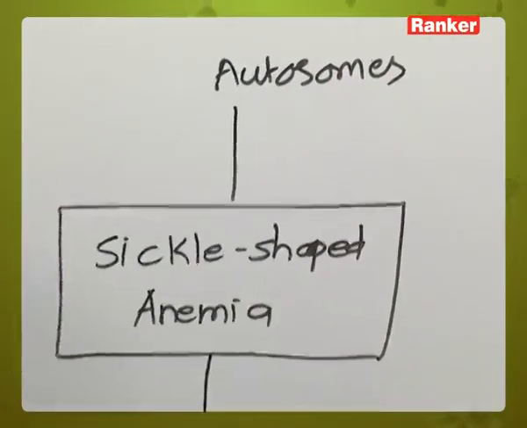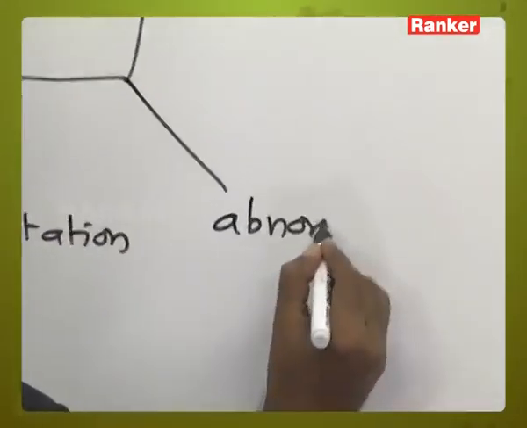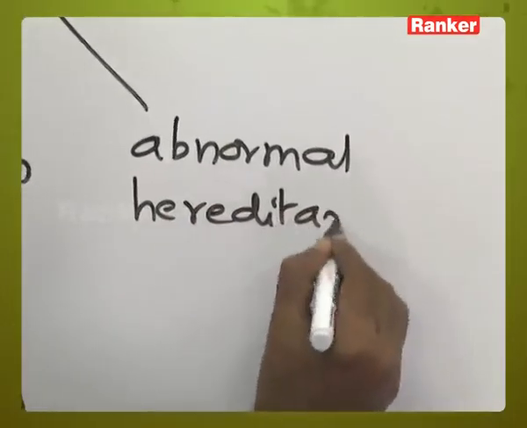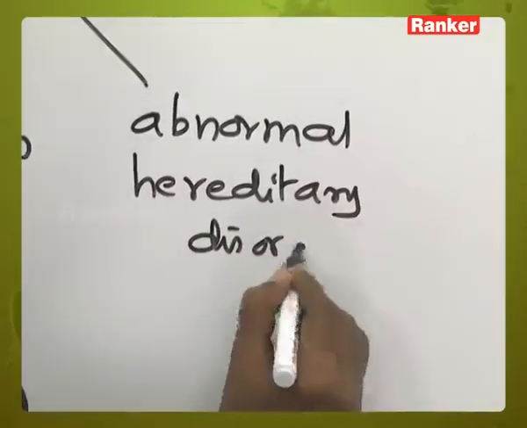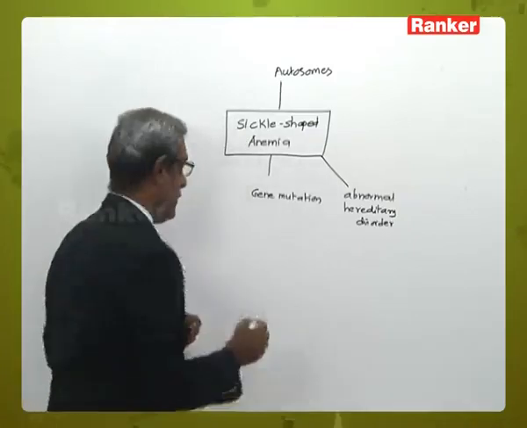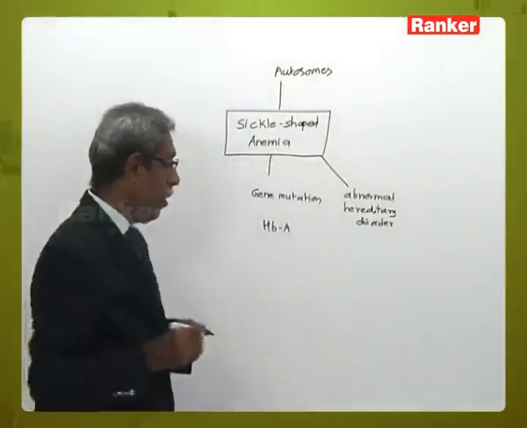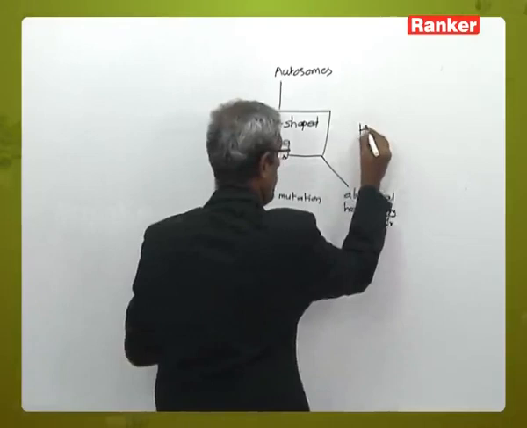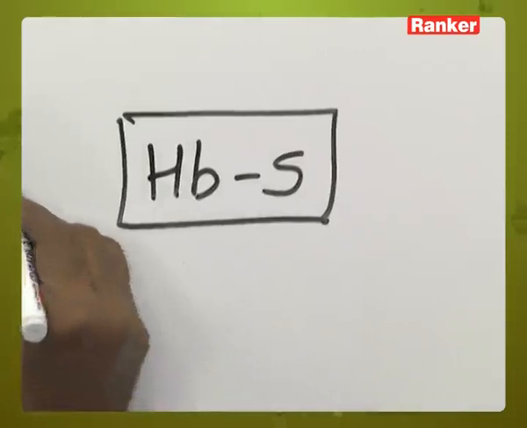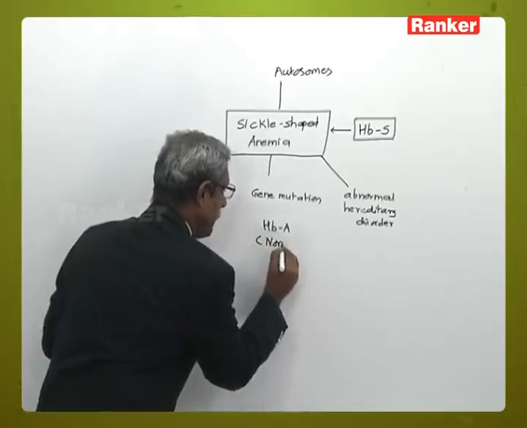And sickle-shaped anemia is an abnormal hereditary disorder wherein, instead of the standard HbA, hemoglobin A, an abnormal hemoglobin gets formed, which is termed HbS. HbS is an indication of sickle-shaped anemia, and the normal condition is HbA.